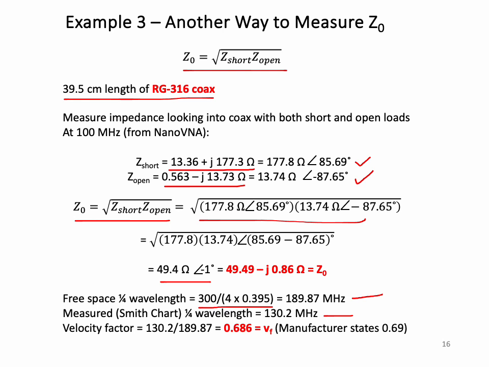That would have resulted in a free space frequency for quarter wavelength of 189.87. The ratio of those two, again, is called the velocity factor, and that's equal to 130.2 divided by 189.87, or 0.686. And in fact, the manufacturer states 0.69, so we're pretty much dead on to what is called for this particular piece of coax.